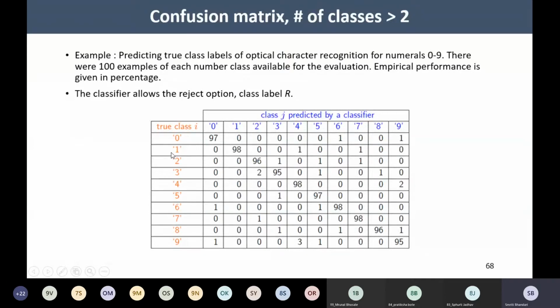If I look at another class 1, so actual class is 1 and predicted class is 1. So 98 samples are being correctly classified. So this is how we can prepare a confusion matrix if we are having more than two classes. So we talked about these are the true positives. That means whatever is my actual label 0 and it has been predicted as 0, so true positive.